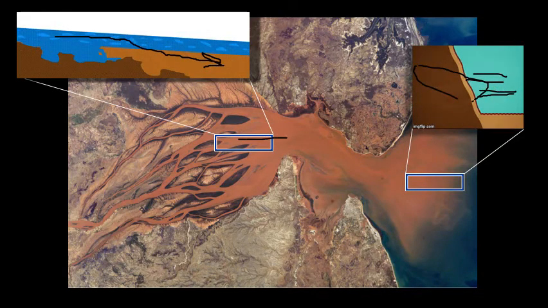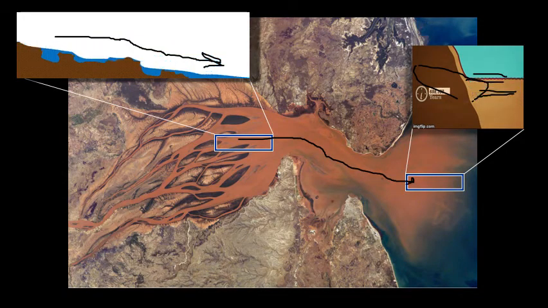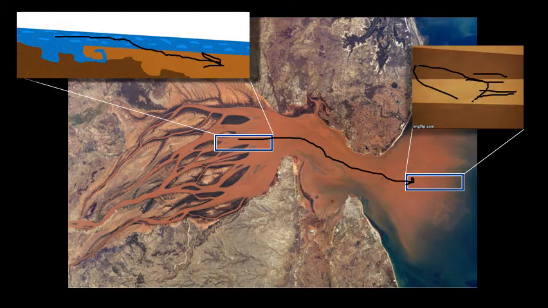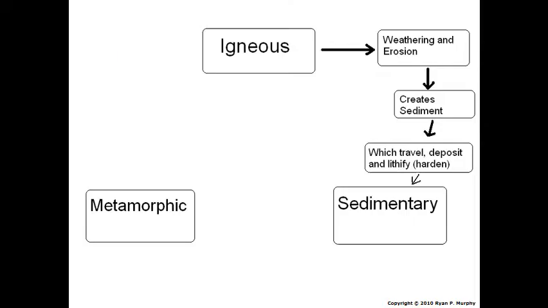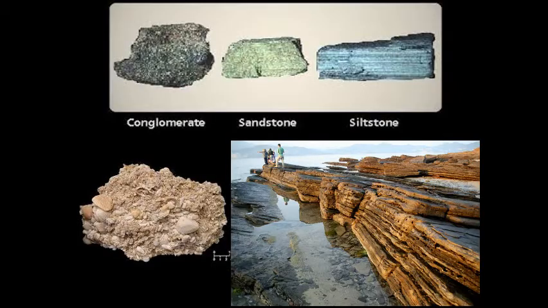So all of that is happening in this stream. It's all erosion and weathering happening here, and you're getting what's called deposition and lithification. There's two fancy words for you, which just means it's being laid down and then it gets kind of stuck together and hardened. All right. And that is when we get our sedimentary rock.